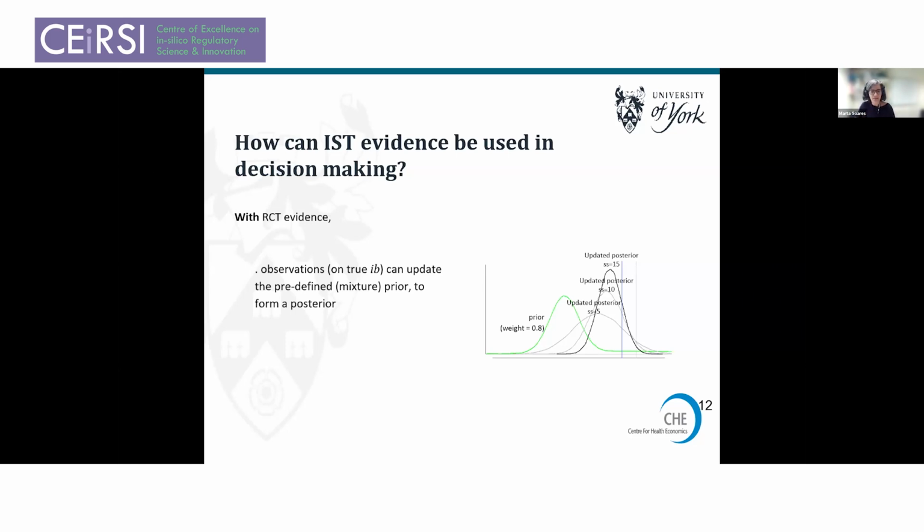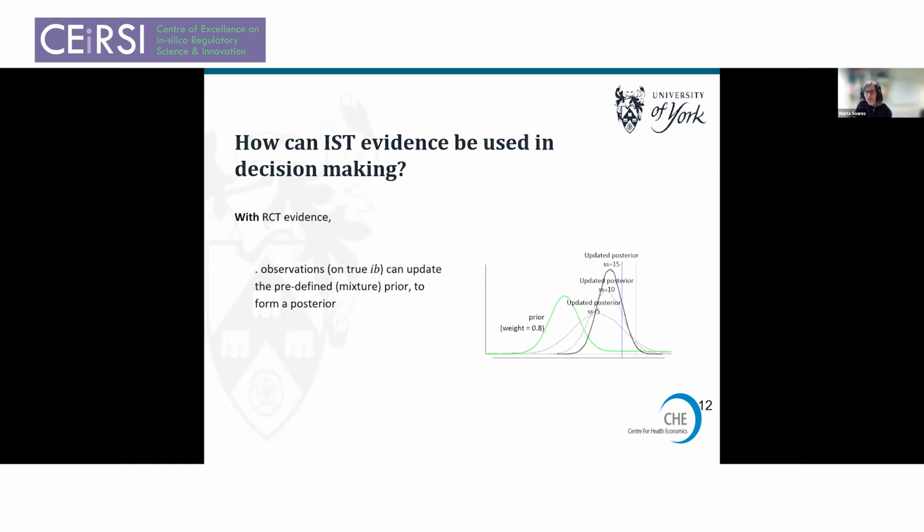So you can see here a prior that is equivalent to one that we've seen in the previous slide with a weight of 0.8, so it's weighting the IST at 80%. You can see in blue a description of your true value.